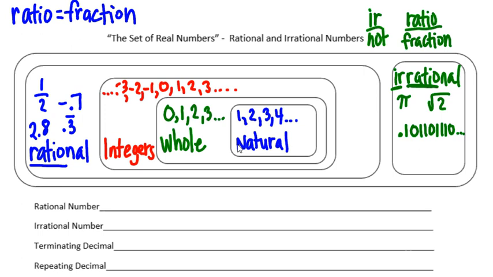So now that we've talked about those, let's write some definitions on these lines for rational and irrational numbers. I'm going to give you the technical math language definitions because it's good for us to learn math language.